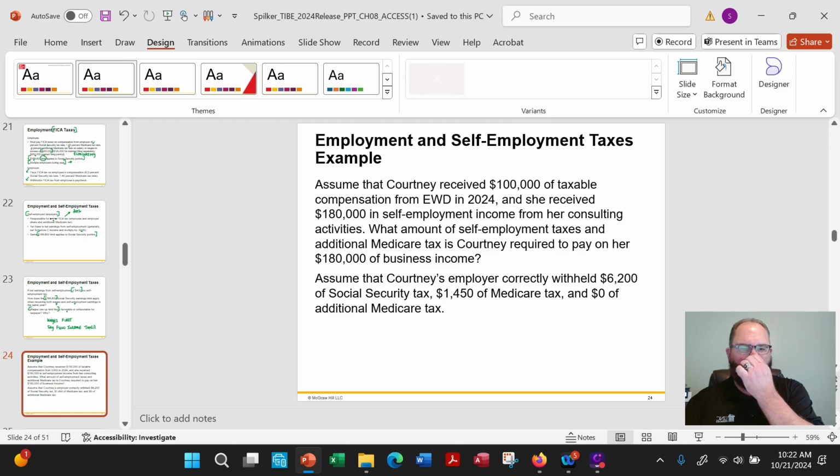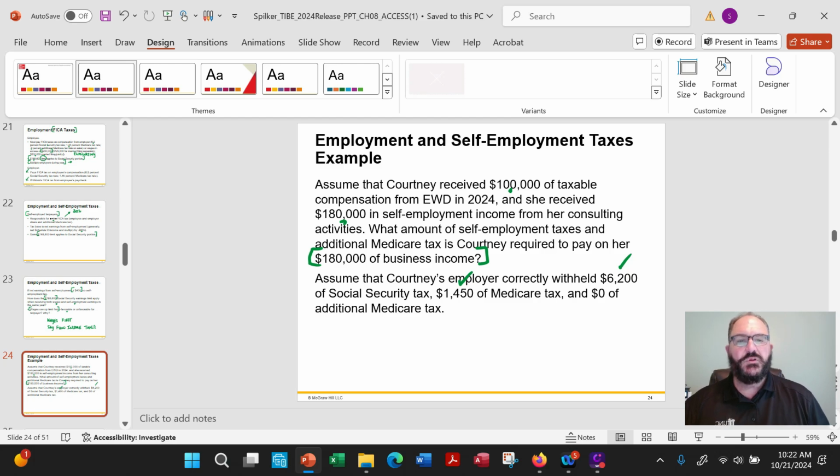All right, let's take a look. Assume Courtney received $100,000 of taxable compensation, and she also got $180,000 of self-employment income. What self-employment taxes and additional Medicare taxes is Courtney required to pay on her $180,000 of business income? Assume that Courtney's employer correctly withheld the Social Security and Medicare amounts.